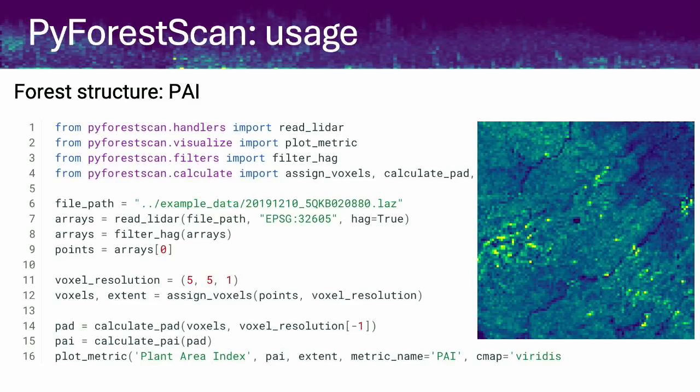So this is actually not 5 meter by 5 meter. This is a 30 meter screenshot of plant area index along, where is this? In Laupahoehoe Forest Reserve in the northeast part of Hawaii Island, if anyone's been there.